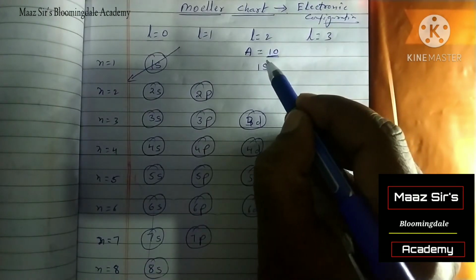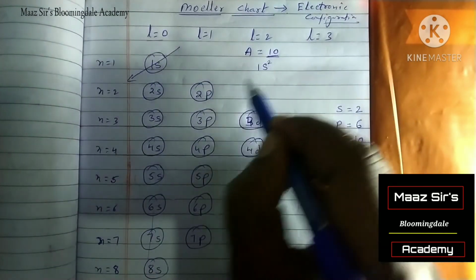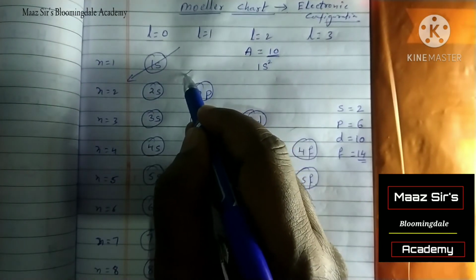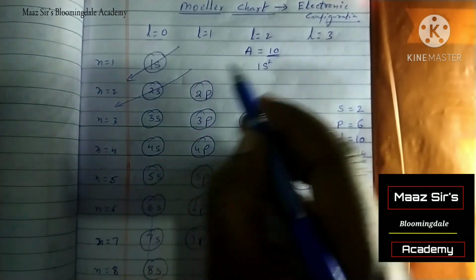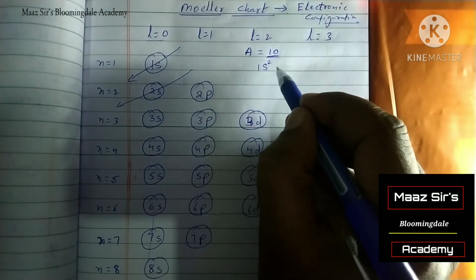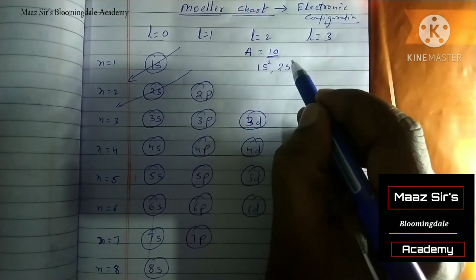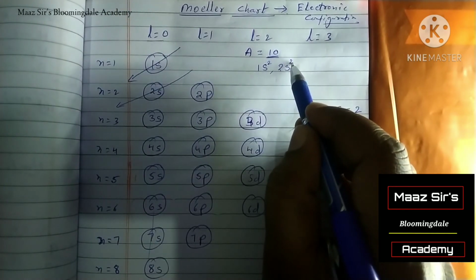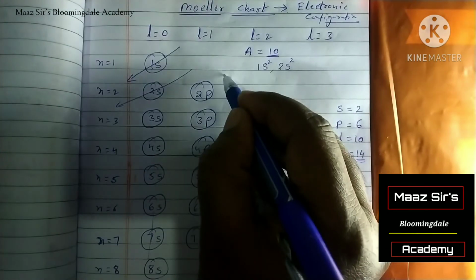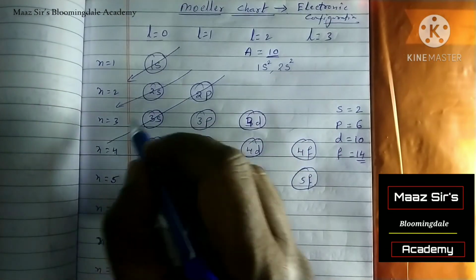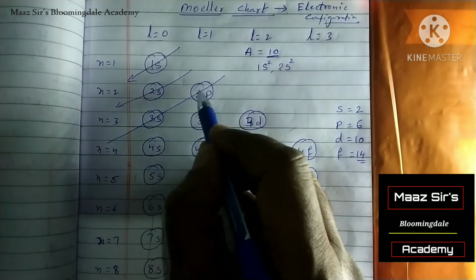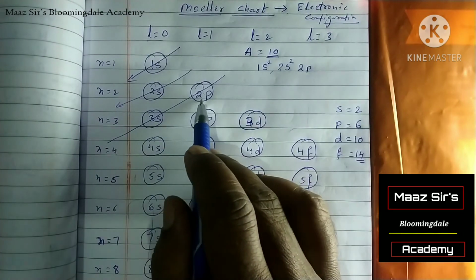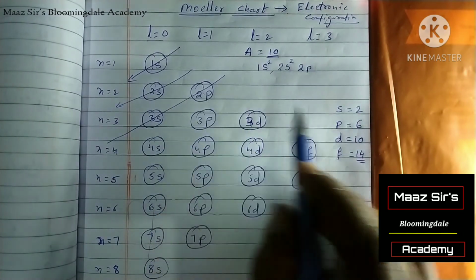So s can take 2 electrons, so I write 1s2. Next the electron will enter into 2s, so I have to write 2s2, because s has maximum capacity 2. After 2s, it will go to 2p. How many electrons can 2p accommodate?